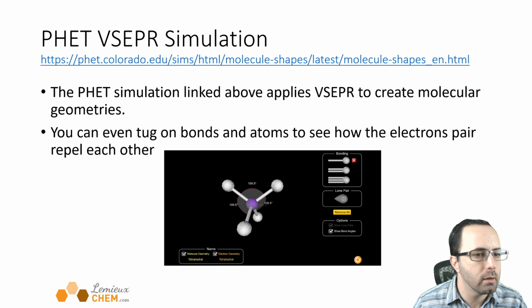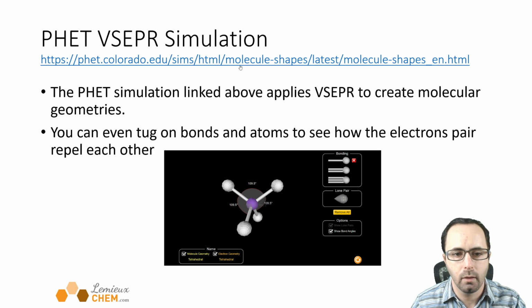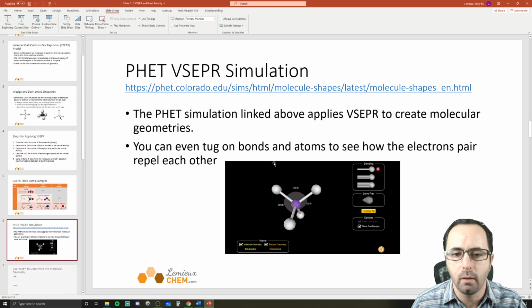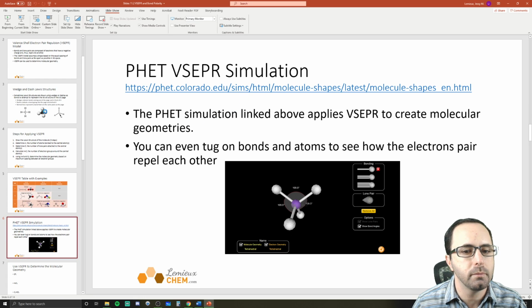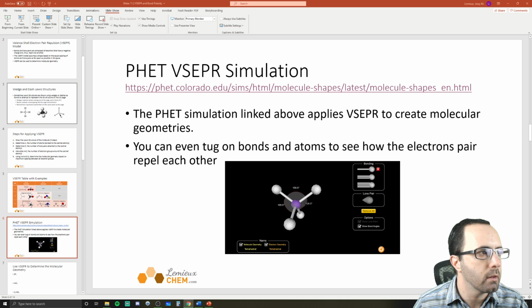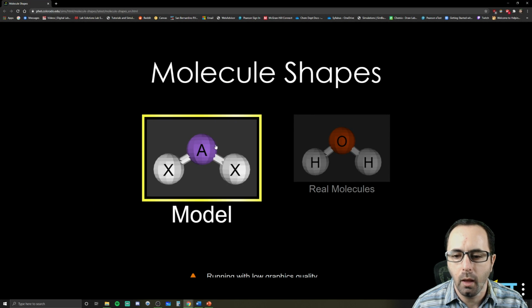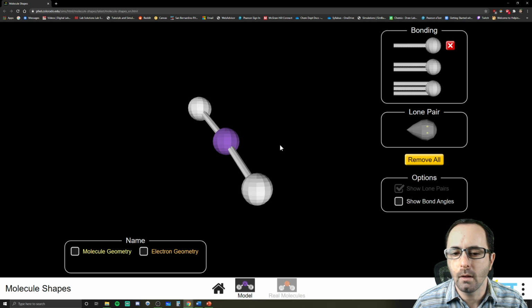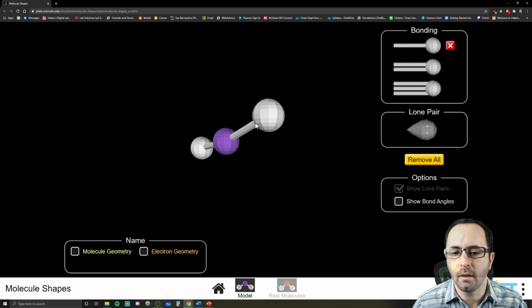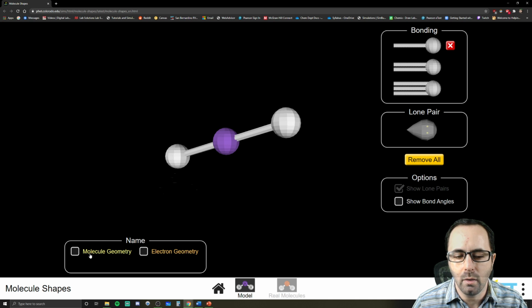Okay, so you can go to model, and model lets you build your own, and you can tug these around. This will give you molecular geometry, so this one's linear, also electron geometry.